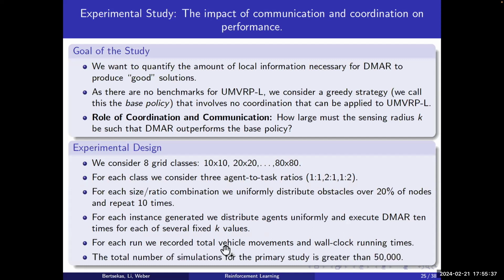There are a lot of combinations here, so the total number of actual simulations ended up being more than 50,000 for the primary study. Just wanted to point that out. Okay, are there any questions about this slide before I continue? All right, yep.